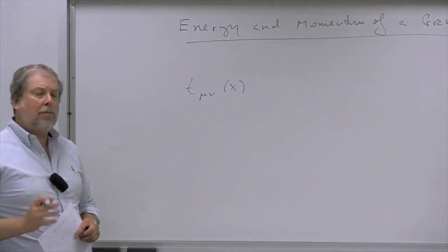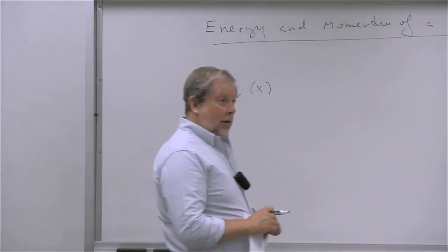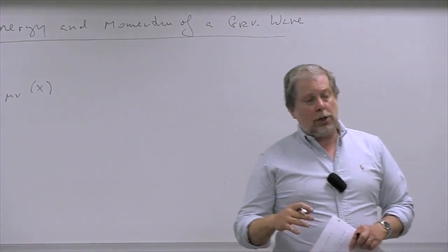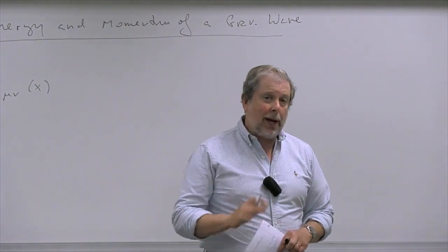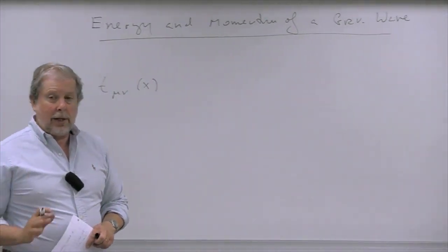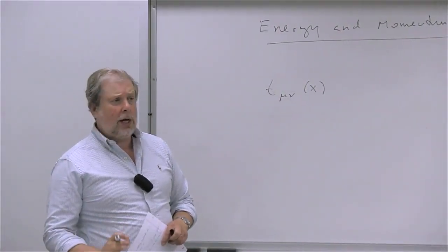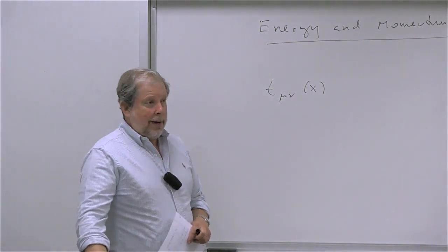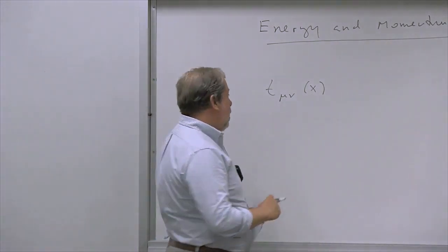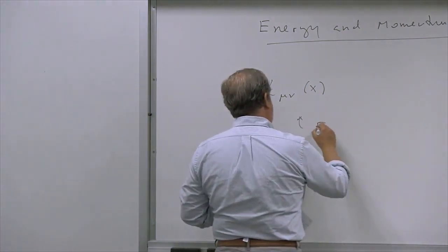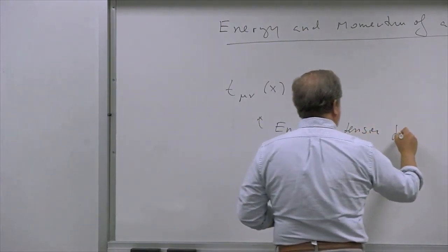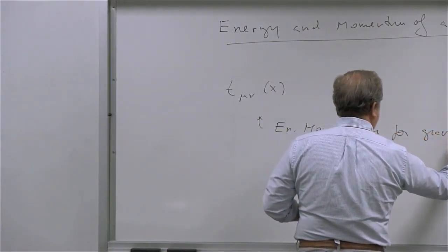Nevertheless, we can split up the field equations in the vacuum, which is the Ricci tensor vanishing, into a linear part and a nonlinear part. The nonlinear part is then used as a source term, as we discussed a couple of lectures ago. The source term is then the T mu nu of the gravitational field. So this is the energy momentum tensor for the gravitational field.